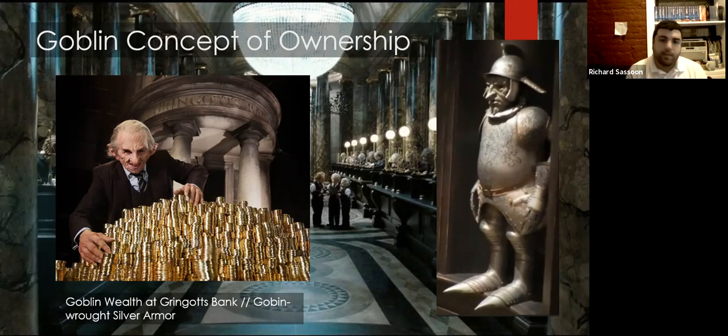That money itself is their own creation, and it's imprinted with the stamp of the goblin who makes it, and their ability to work metals is what allows them to make unique coins that can't be counterfeited. Their armor is highly sought after, but it ultimately belongs to them and not to the wizards who take it. That their concept of ownership is not enforced is simply a result of wizards having more political power, not because goblins have acquiesced to this system of ownership.